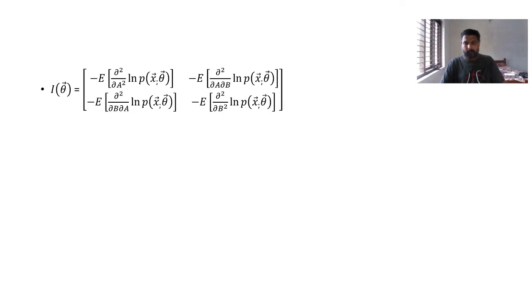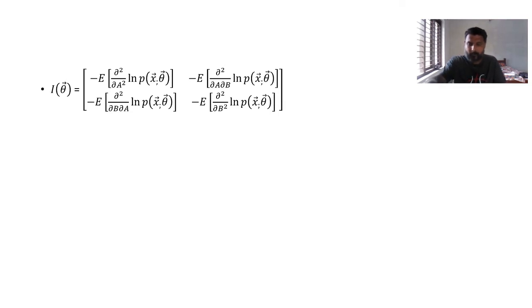So now we have to calculate all the elements, for which we need p of x semicolon theta. First of all, we will find the equation for p of x semicolon theta. Already you know, that is the product from n equals 0 to N minus 1 of 1 by root of 2 pi sigma square, whole raised to N by 2, into exponential of minus 1 by 2 sigma square times x of n minus A minus B n, the whole square.